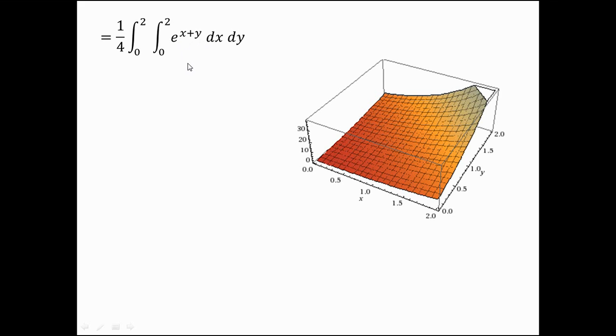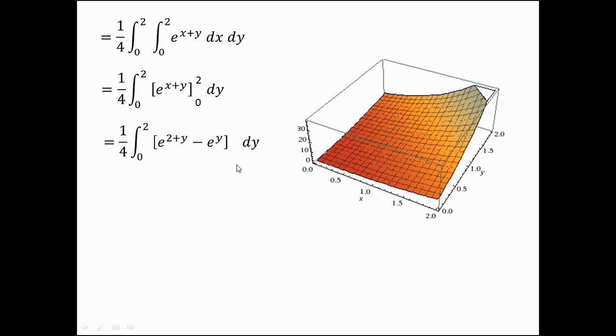This is because we can treat the other variable, y, as a constant. So what we'll get is this formula here. Next we plug in this value into the function, and minus the function with this value. So we'll get this formula here.